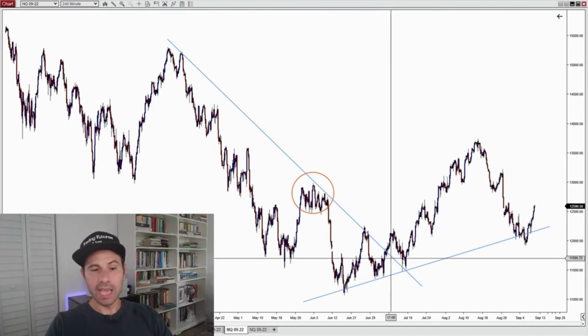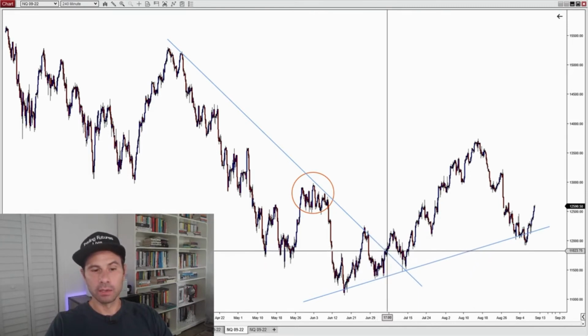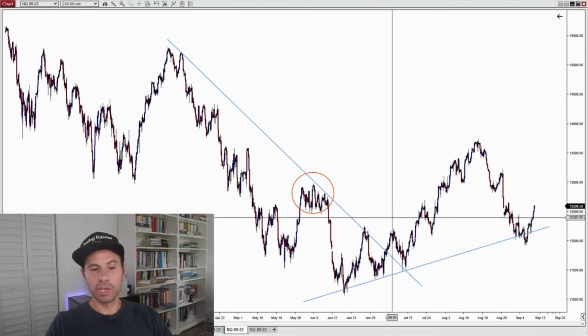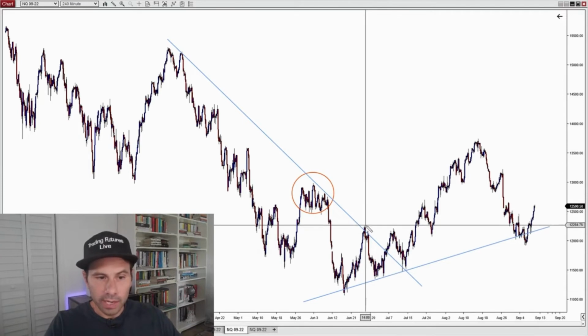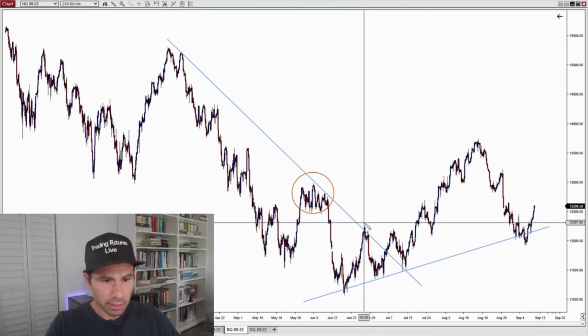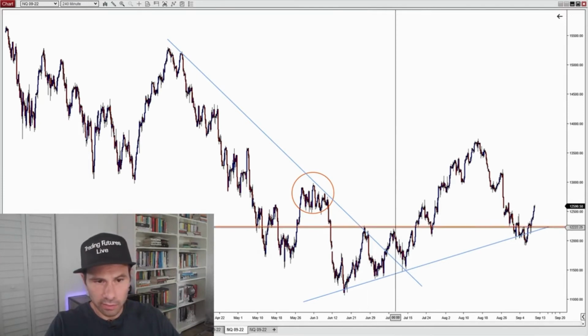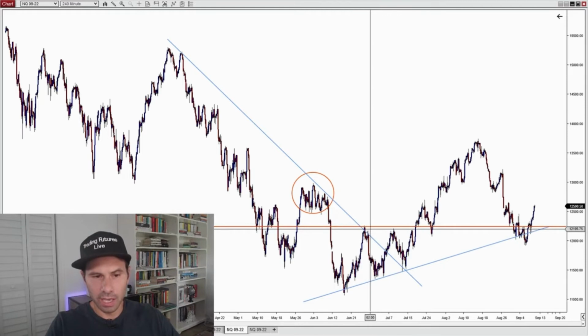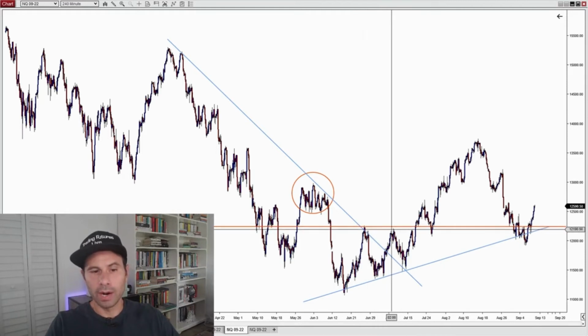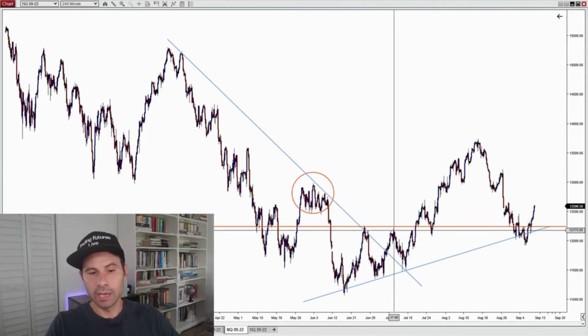And what we had here was a break of the trend line to the upside, right? We did not break this pivot here, meaning this red line, we did not break it. So sellers were very active here, but active to a degree, right?